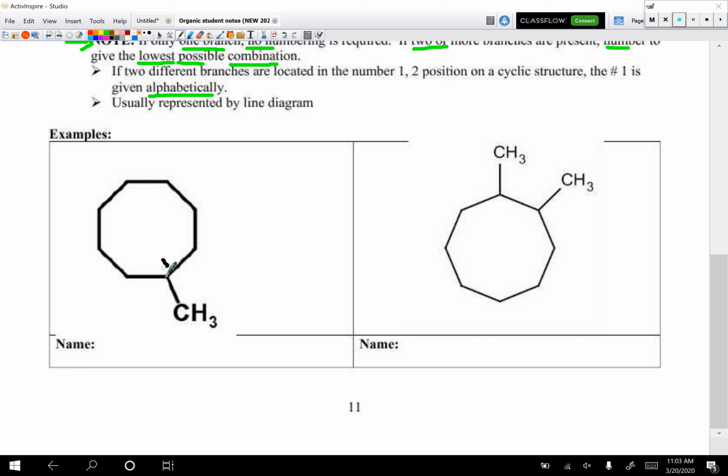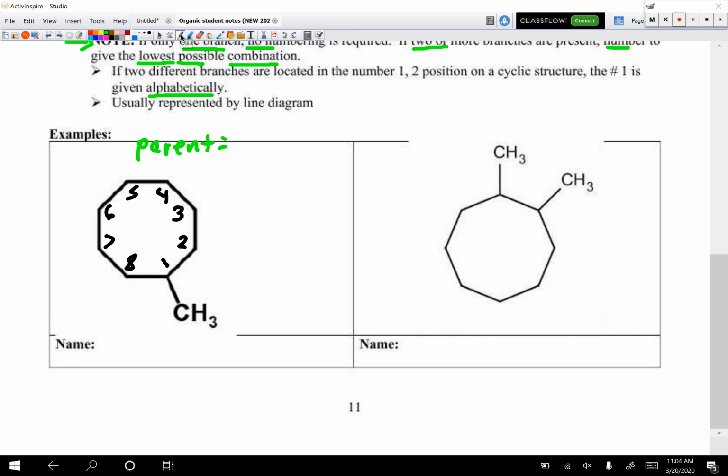It doesn't matter which way I name it because there's only 1 branch, so we'll get the same name however we list it. I just want to count how many carbons we have, and in total we have 8. So because the parent is octane, I'm going to write cyclooctane because it is a closed ring.